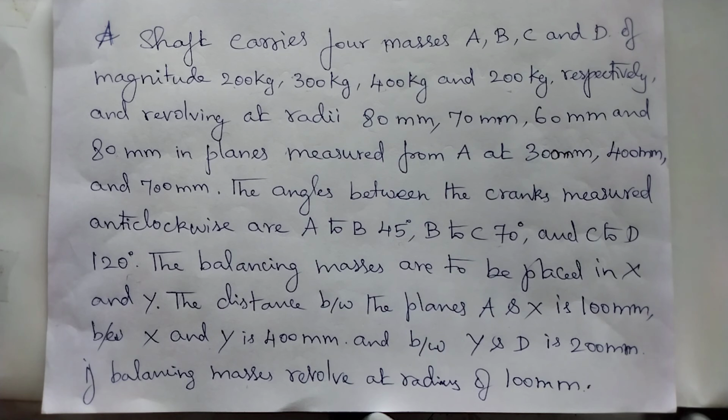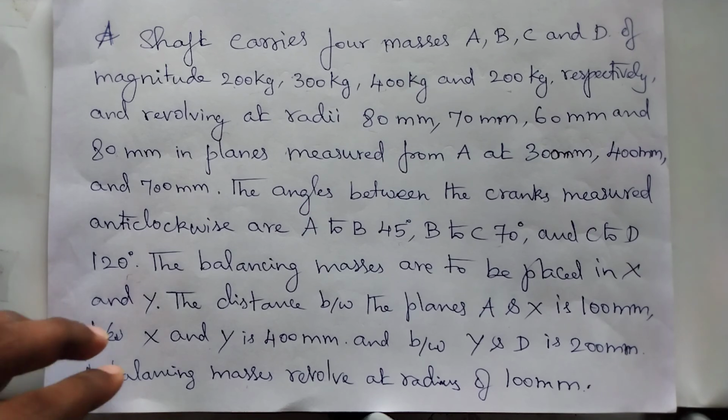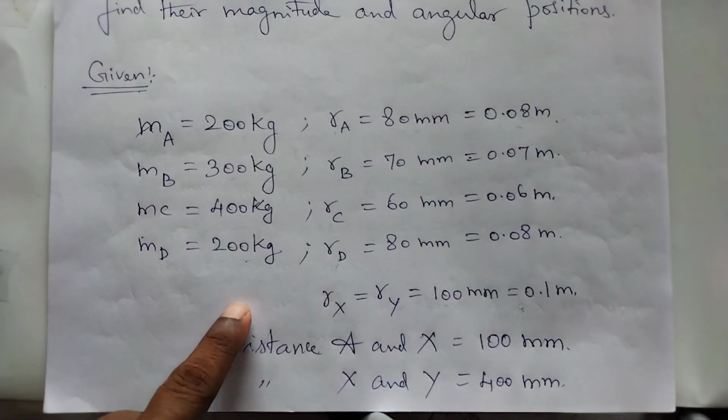The balancing masses are to be placed in X and Y. The distance between the planes A and X is 100 mm, between X and Y is 400 mm and between Y and D is 200 mm. If balancing masses revolve at radius of 100 mm, then find their magnitude and angular positions.